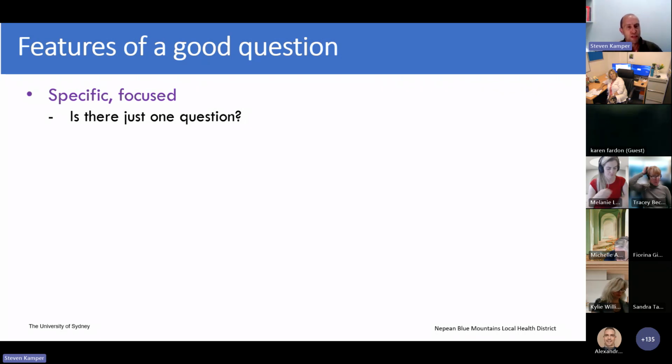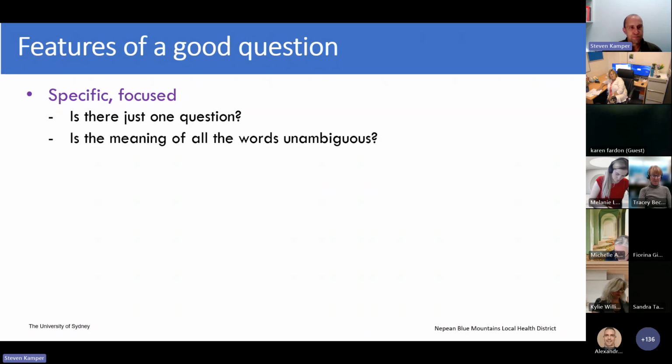You need to break them down. Sorry, I should clarify that. You can answer several questions with one study, one set of data collection, but you have to specify those individual questions because the analysis will be different.